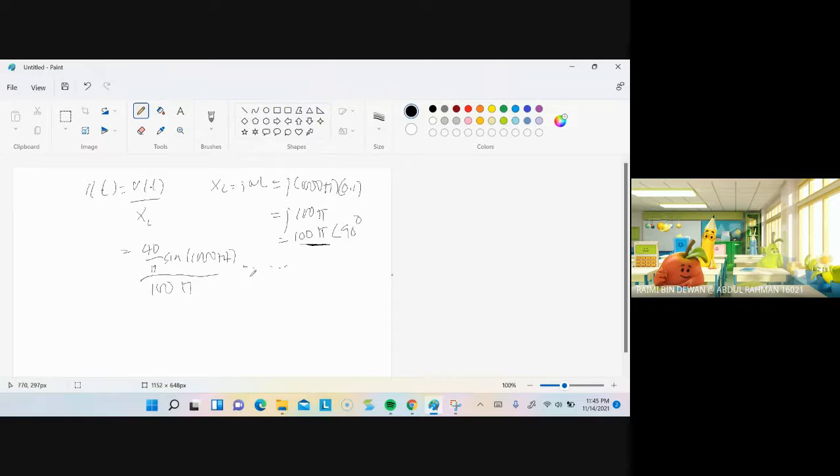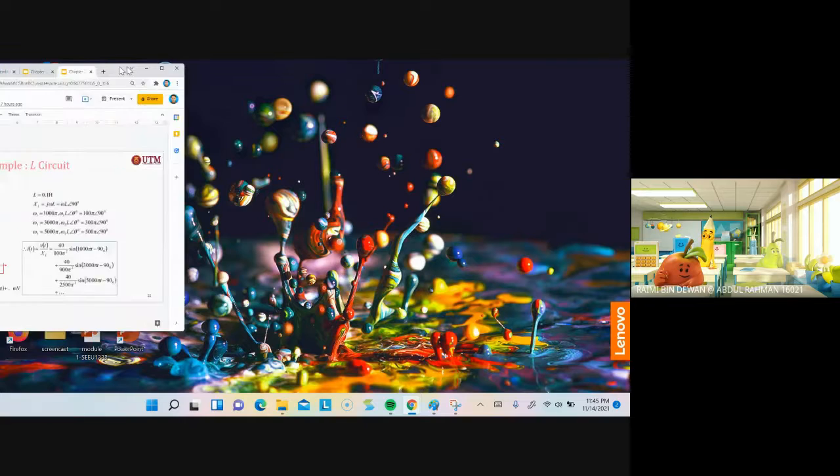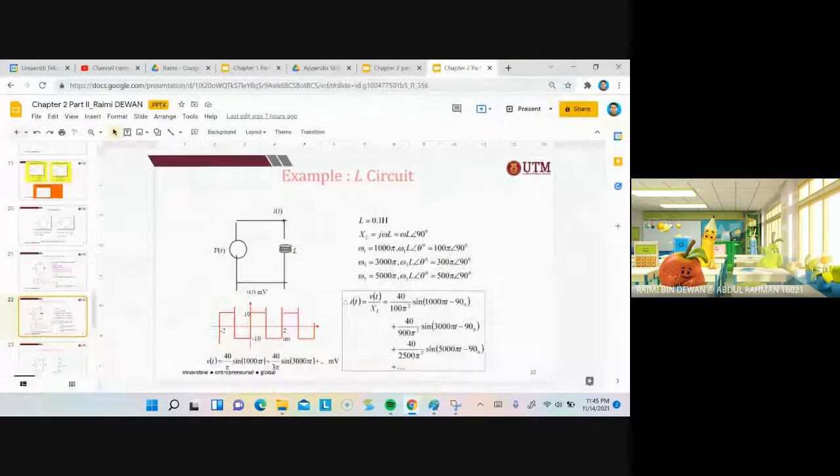So you see pi here and pi here. That's why you have the resultant 40 over 100 pi squared, and so on. So that's why you have pi squared here.